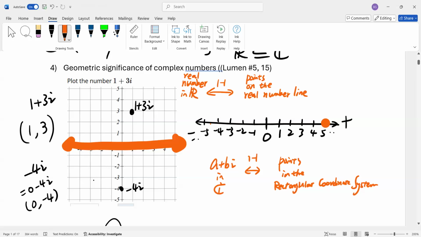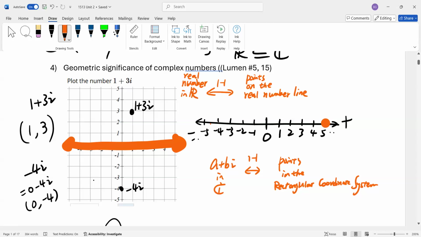The whole two-dimensional space, this rectangular coordinate system, with infinitely many, uncountably many points, gives the complex number set. But that red one, the x-axis, the points on the x-axis represent the real number set.